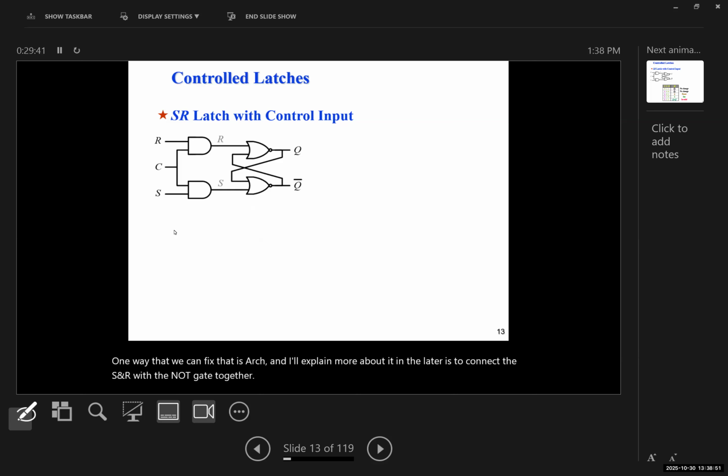Now, another type of SR latch is called the controlled latch, or an SR latch with a control input. The only difference between this and the normal SR latch is that the SR latch with the control has 2 extra AND gates, whose inputs are tied together, and that's going to be our control.